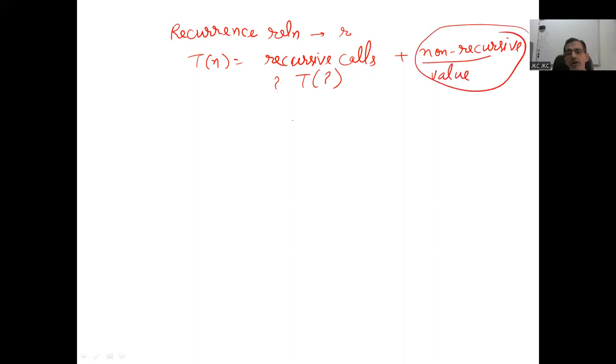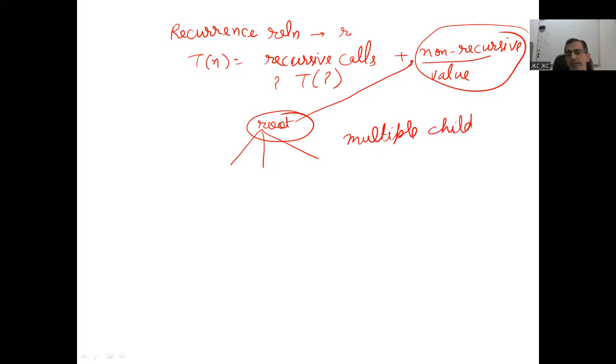This value will always become the root. So you will have the root taking this value and then multiple children, one for each recursive call with the corresponding size, and reduced size is guaranteed.